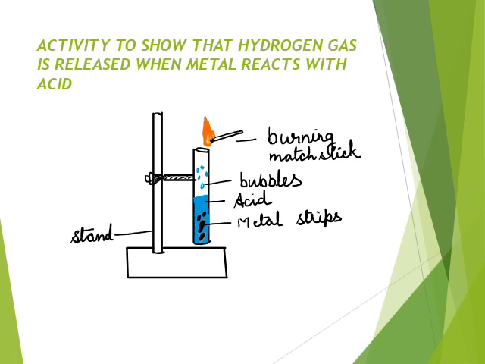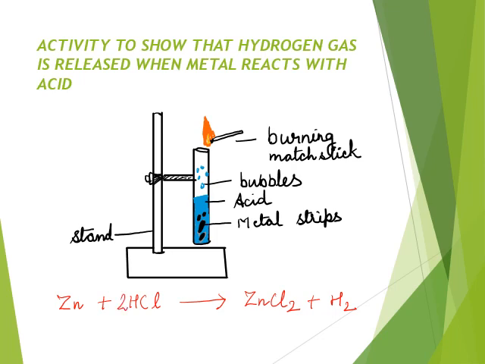To write this reaction, we have taken zinc metal, so I am writing the reaction for zinc, and we have taken hydrochloric acid, that is HCl. So zinc reacts with HCl to give the compound zinc chloride, and hydrogen gas is released.